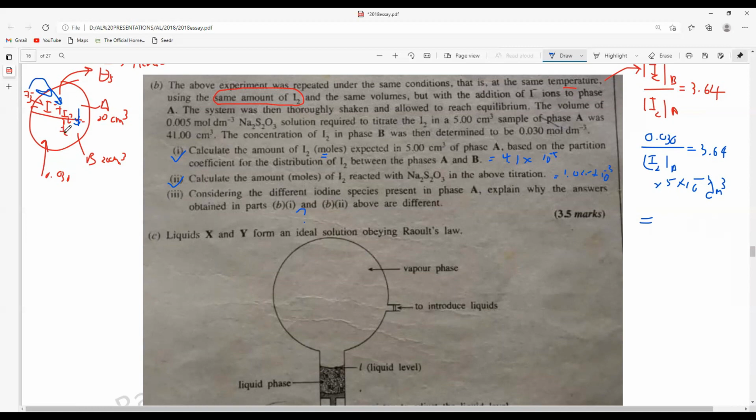So all the I2 that is in this phase A is going to react.